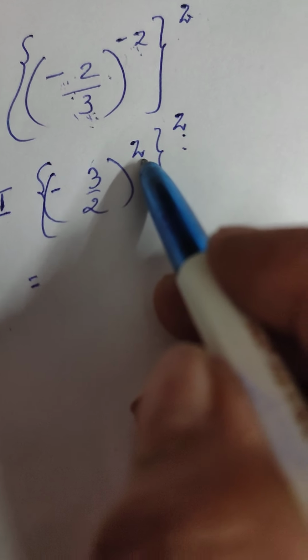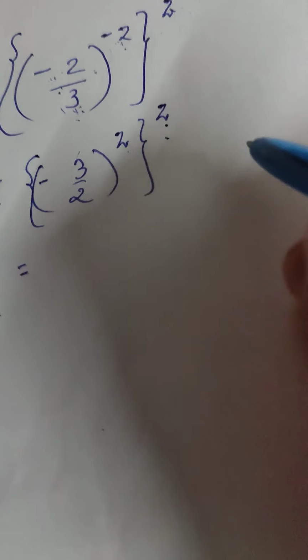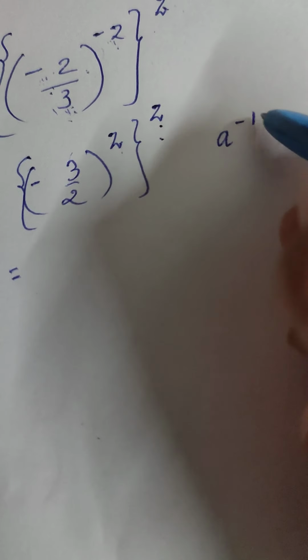So what law have we used here? The law which I have used here is a to the power of minus 1 is equal to 1 by a. That means to make this power positive, we write 1 by a.